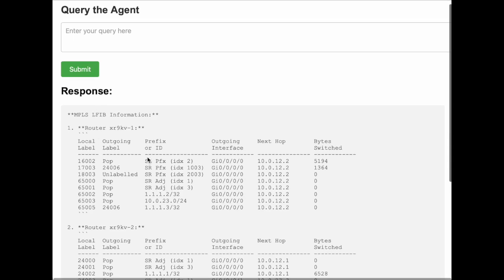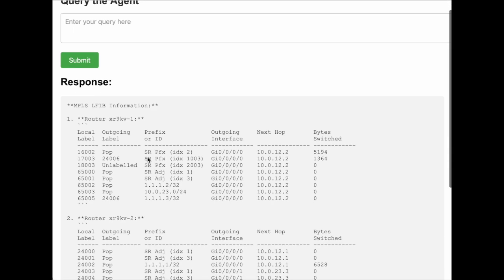Pretty good. That's the MPLS LFIB information.